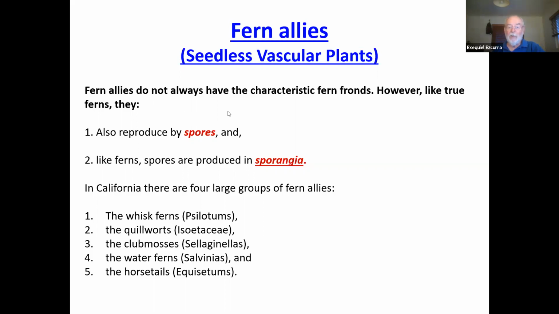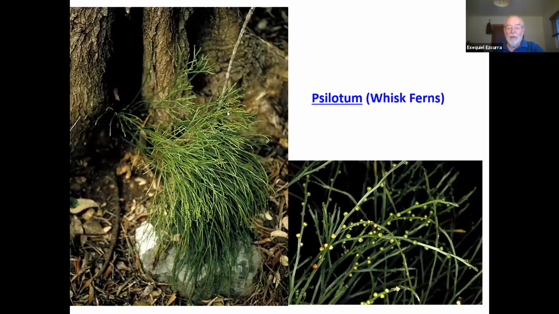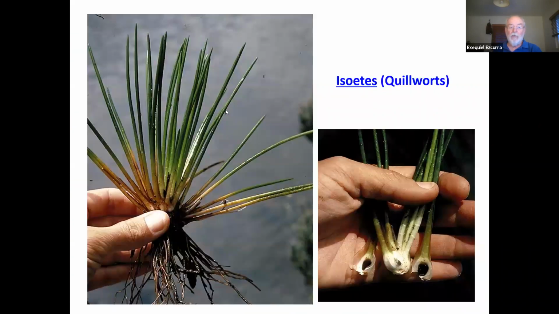And this includes the whisk ferns, psilotums, that have the sporangia in little balls. You probably have seen them around in wet forests. The quillworts, which are very rare, and because they look so much like a little grass, they're difficult to identify well, in wet environments and water environments in mountains.